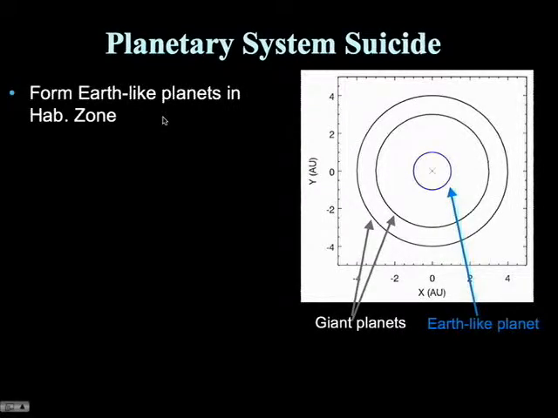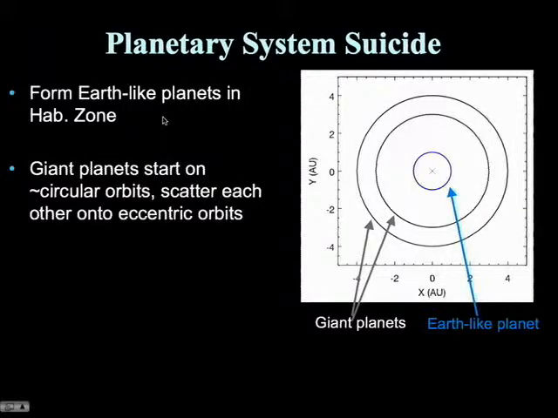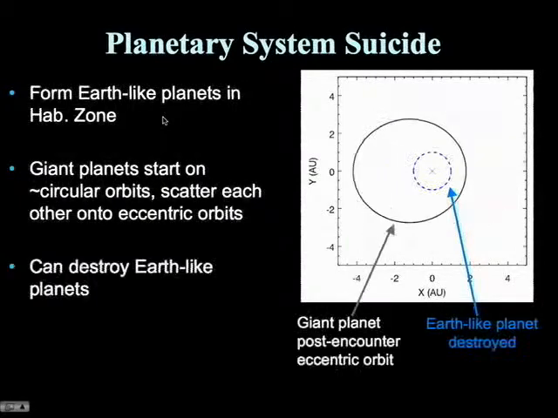So the Earth-like planet forms, everything seems happy, but then these 2 guys have a close encounter like we just saw, and one of them gets chucked out. And what's left behind would be something on an eccentric orbit. And it turns out that in most cases, it depends on the exact configuration of everything, but in many cases, the Earth-like planet in that case would be destroyed.